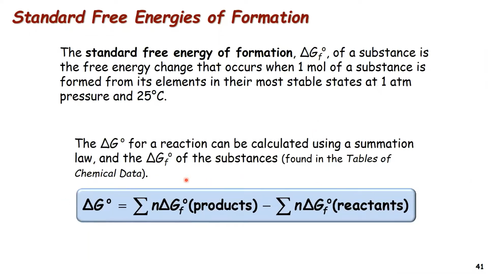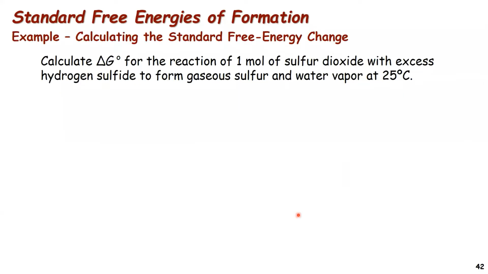And again, these free energies of formation can be found in tables of chemical data or in the appendix of your text. And again, it's the same summation law. It's going to be the free energies of formation of the products, each multiplied by the coefficient in the balanced chemical equation, minus the free energy of formation of the reactants, again, each multiplied by the coefficient in the balanced chemical equation.